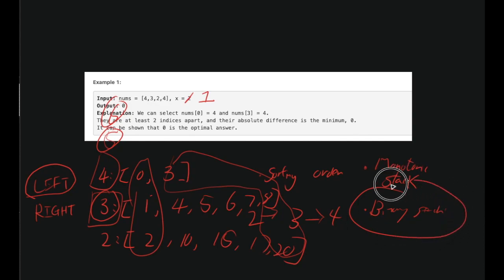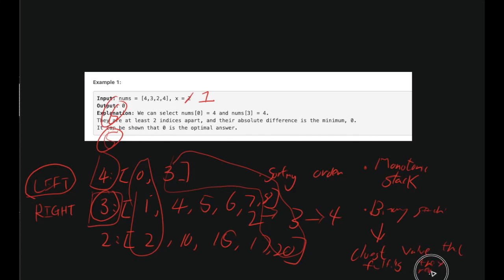So that's why we can perform a binary search to see what is the closest value that fulfills the x requirement. That's pretty much all for the overview.